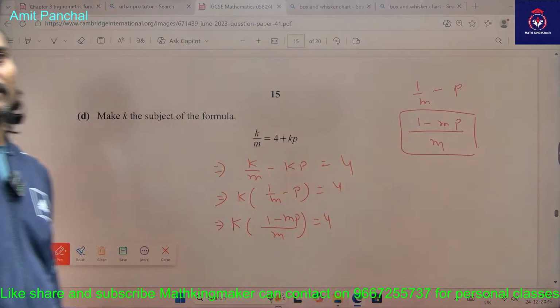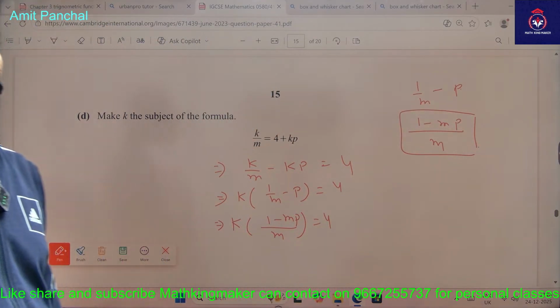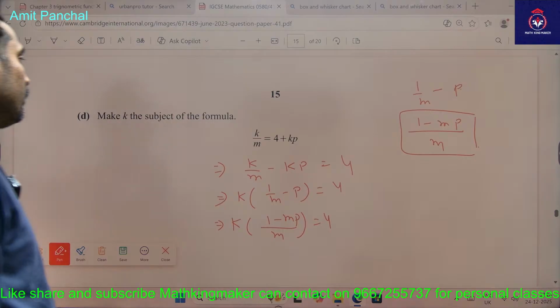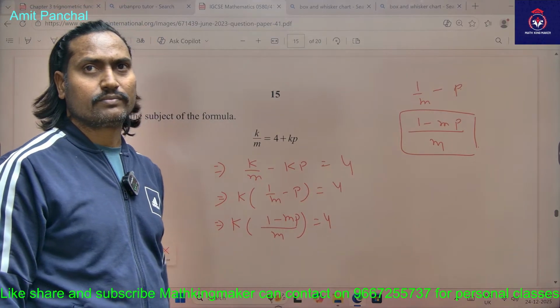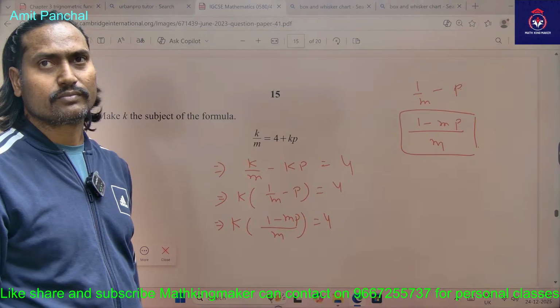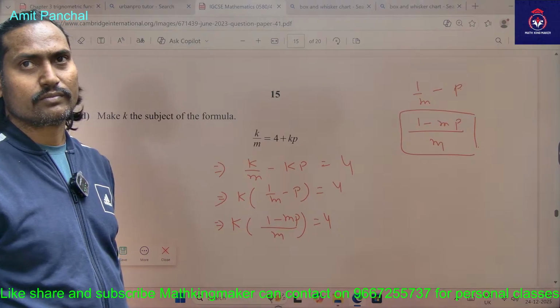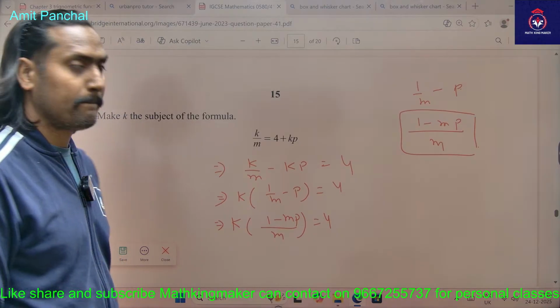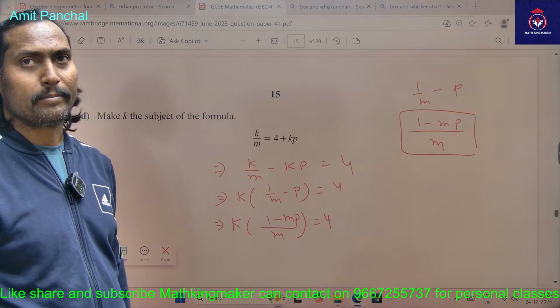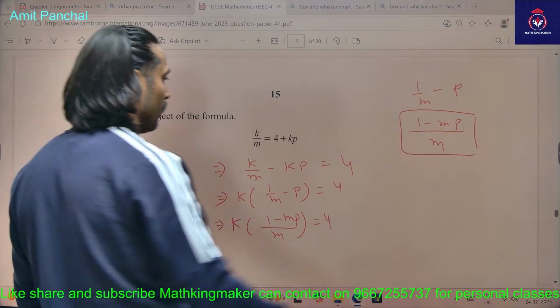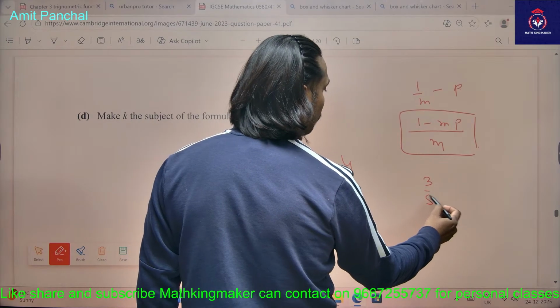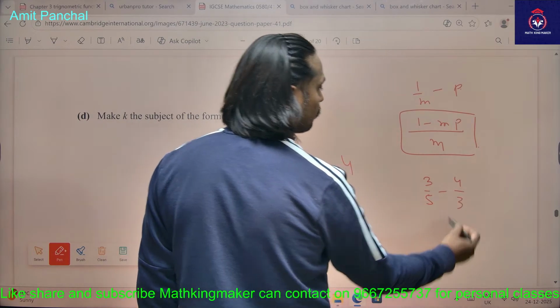It is just solving fractions, like 3 by 5 minus 4 by 3.